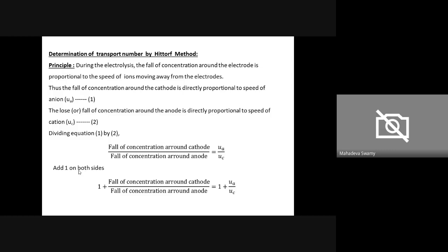So 1 plus fall of concentration around cathode divided by fall of concentration around anode is equal to 1 plus UA divided by UC. Here I will take the LCM: fall of concentration around anode plus fall of concentration around cathode, divided by fall of concentration around anode.